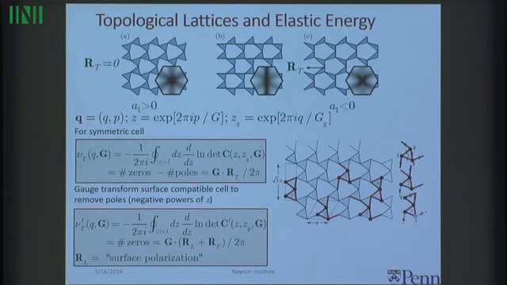So, the systems that we looked at included the twisted Kagome lattice, this intermediate lattice, and what we call a topological lattice over here. This one has a polarization vector RT, and this one has a zero polarization vector as we defined it. And you can calculate the number of zeros by taking the path integral of the log of the determinant of this 6 by 6 matrix.